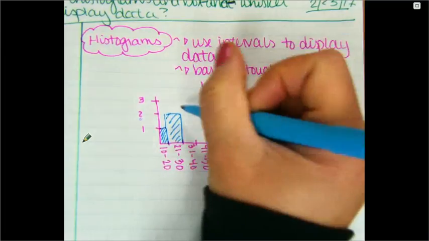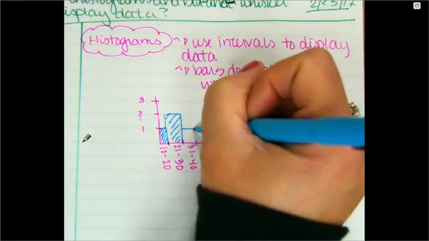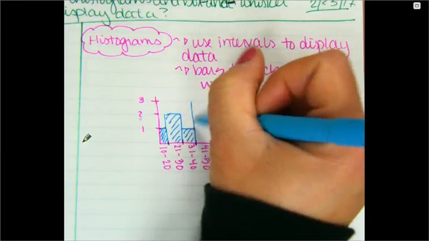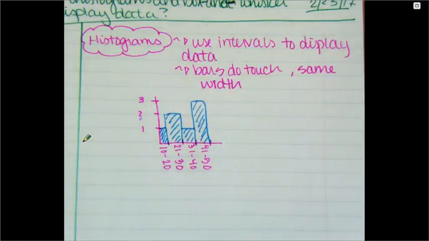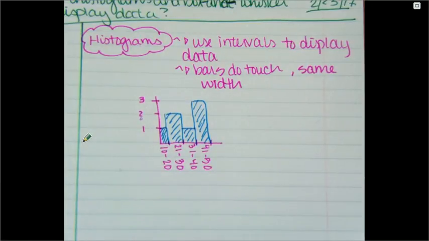Pretend they're the same width, but then do straight. Notice the intervals are all in groups of what? 10. Should really be 11, but whatever. We'll just pretend that. Okay. We're going to do an example.